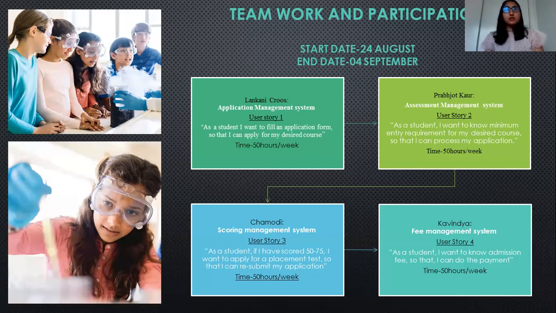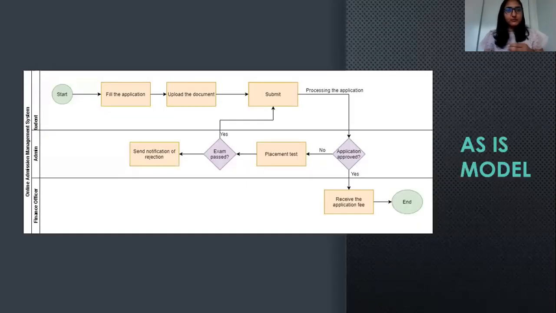So in this sprint, our main focus is from the students' perspective. They can log in on the login page. Admin gives them a unique id, then they can fill the application, upload the document, then submit. Then their application is in process.